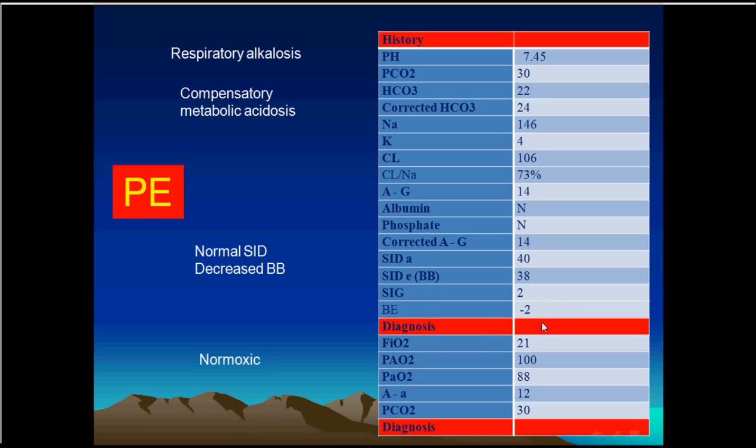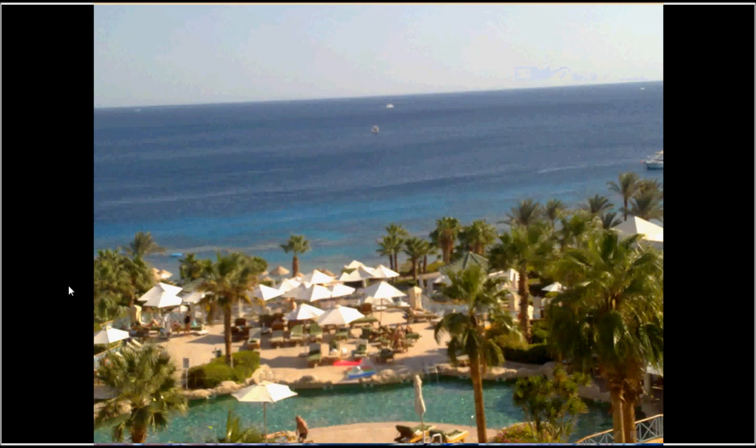The buffer base excess is also minus. When you look at the lung itself, there is no change in the alveolar gradient, so this patient is normoxic, but this is due to washout of carbon dioxide from pulmonary embolism, most probably due to stretch receptor affection, and therefore the pH is alkalotic and carbon dioxide is washed out, with compensatory metabolic acidosis.